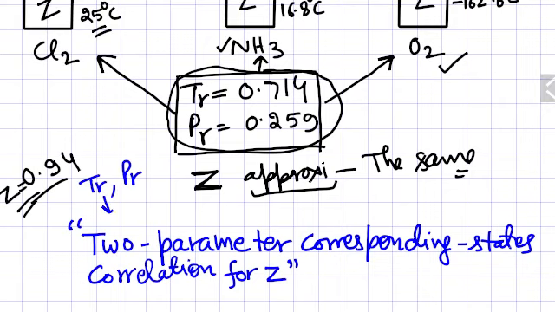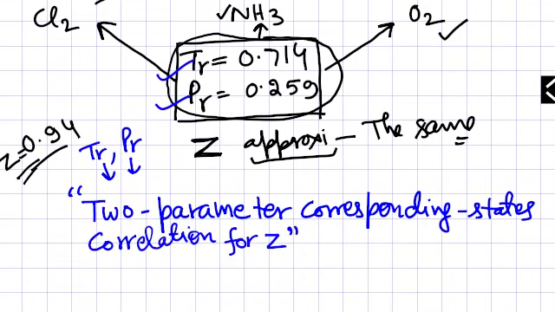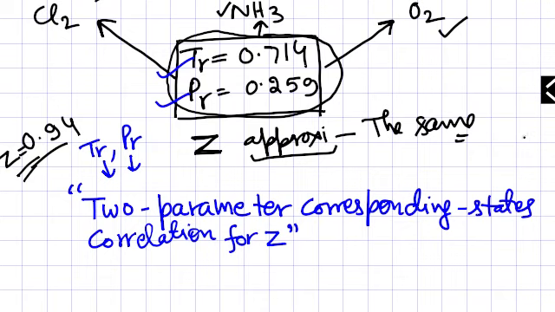Because of these two parameters we are correlating these gases, their states. That's why it is also called the two parameter corresponding states theorem for Z.